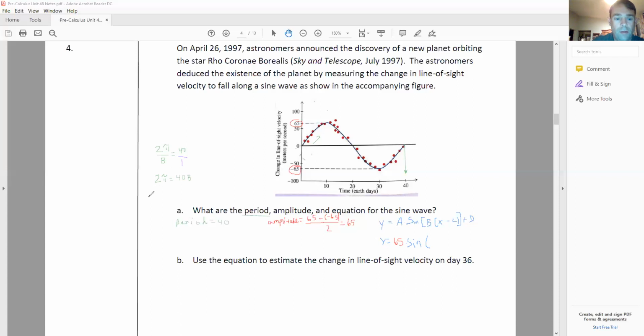So then we can divide by 40. So 2 pi divided by 40 equals b. And if you simplify it, pi over 20 equals b. So that means my b value is pi over 20.